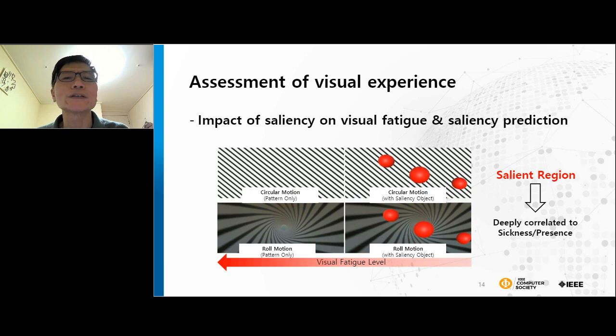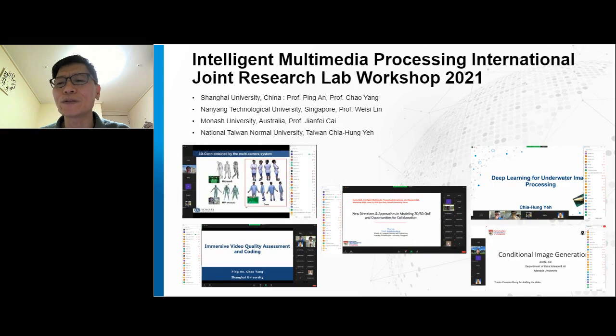I cannot, it's too small. Actually, it's too small, and there is a slide, a graph, to demonstrate the sickness and presence. Okay, let me, just a second.